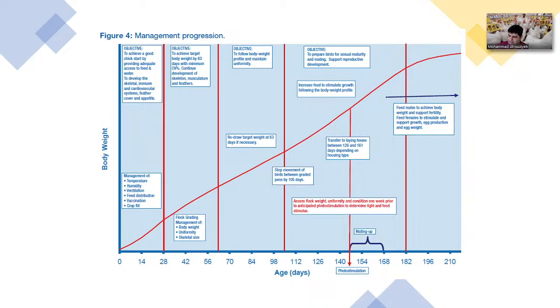Recently I was reading a good article, and it shows that even feed particle size can affect feather pecking, because one of the reasons that you don't have a good feather cover can be related to the feather pecking issue.